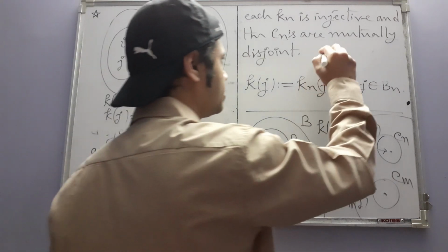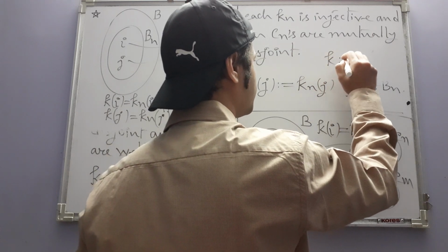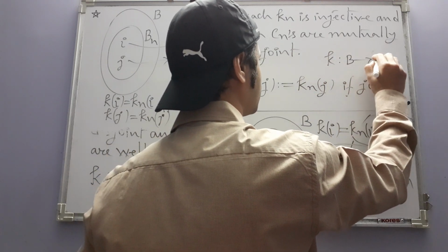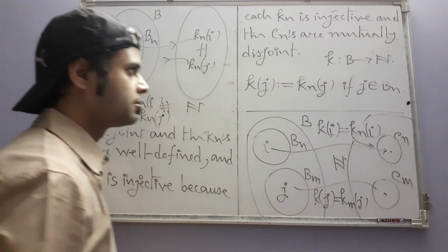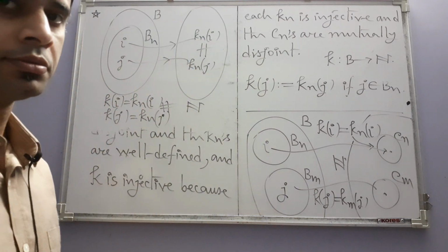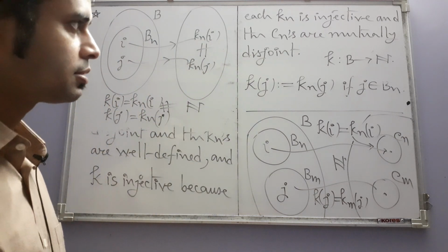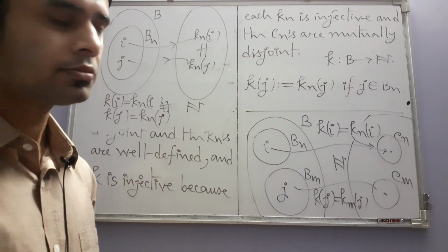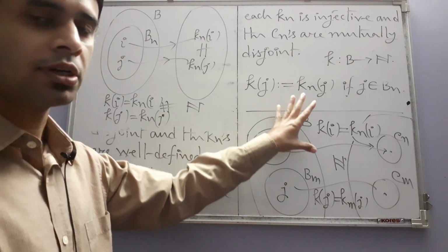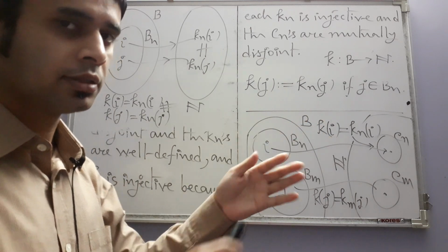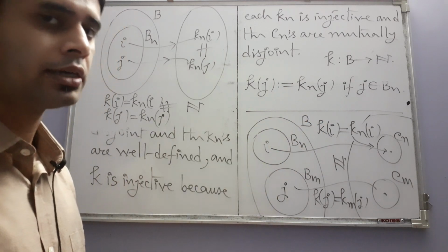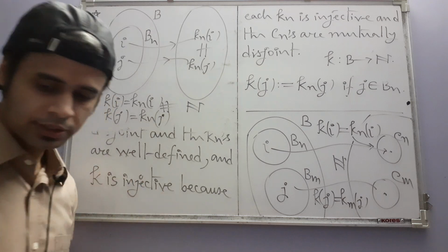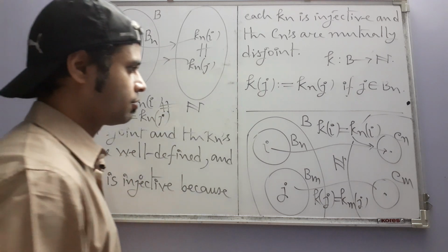We have obtained a function K from B into N that is injective. But that tells us what? That simply tells us that B is at most countable. But B, we have already shown, is nothing but A, the union of the original An, so that is at most countable. So that is how we have this conclusion.